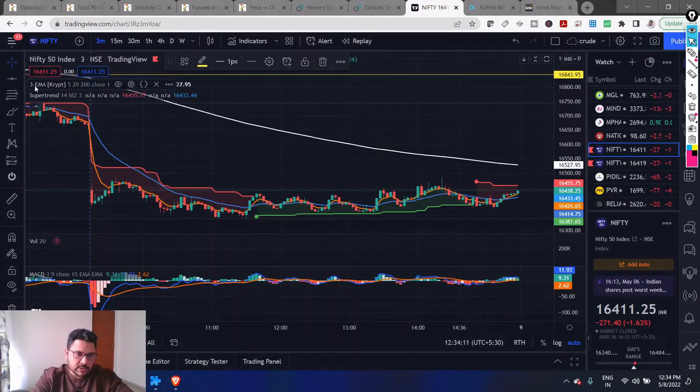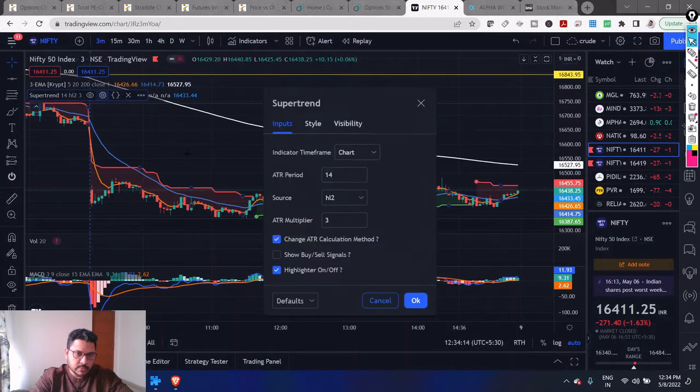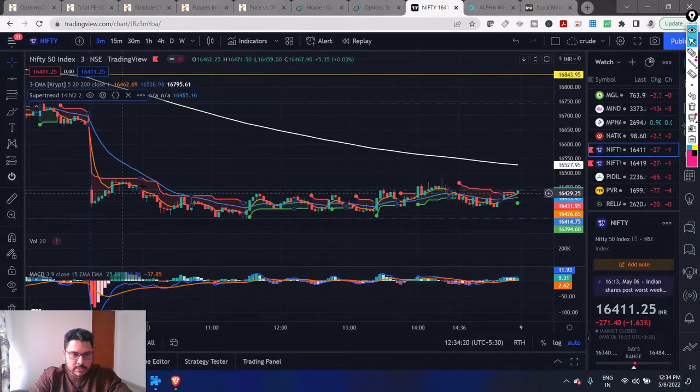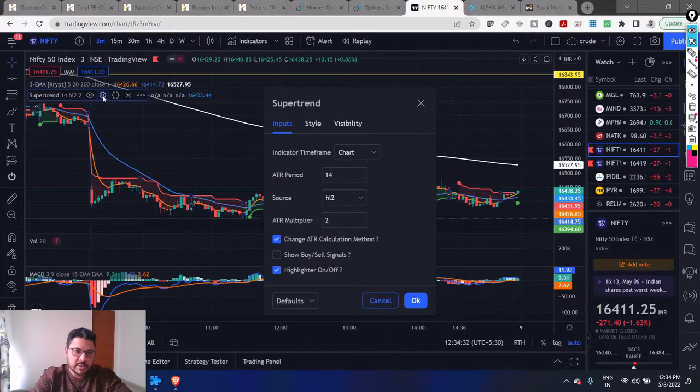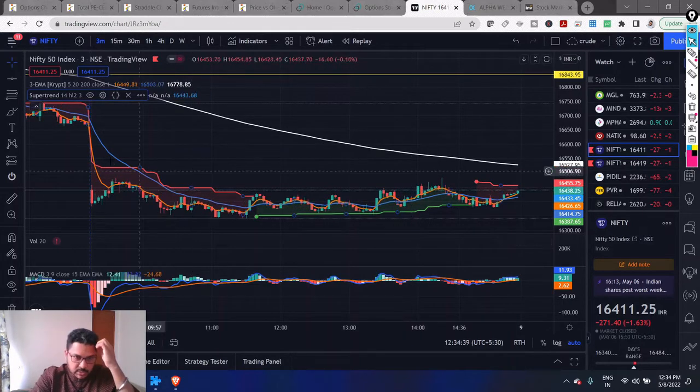So if I change this to 14 and 2, see, this is 1 2 3 4 5 6 7 times it has hit. So this is the reason, basis the volatility of the market, we should change our setting so that we can remain in the trade in the proper direction. So this will give you a better entry.